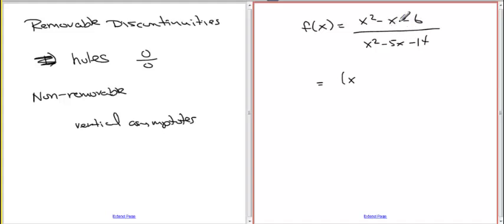So I'm going to use 3 times 2 because the difference between those is 1. So one's going to be 3, one's going to be 2. Because this is negative, one has to be positive, one has to be negative. Because the middle term is negative, the larger one has to have the negative sign, the smaller one, magnitude-wise, has to have a positive one.